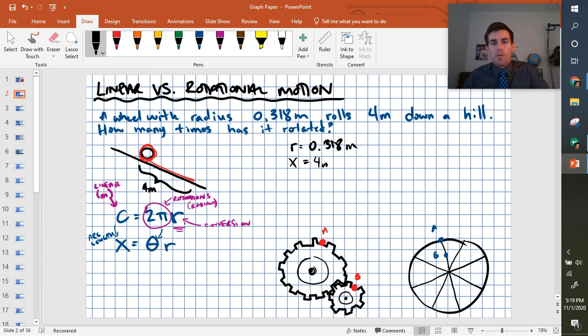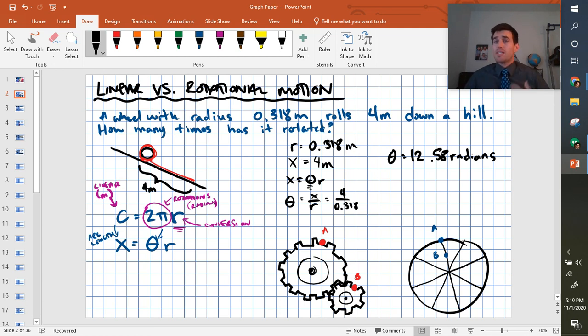So then we can just say x equals theta r, and if we're trying to figure out what theta is, we'll just do theta equals x over r, or 4 divided by 0.318. And the answer that we get is that theta equals 12.58 radians.